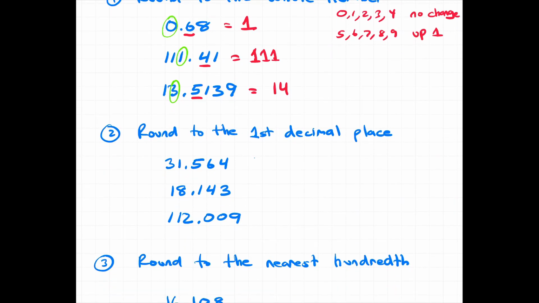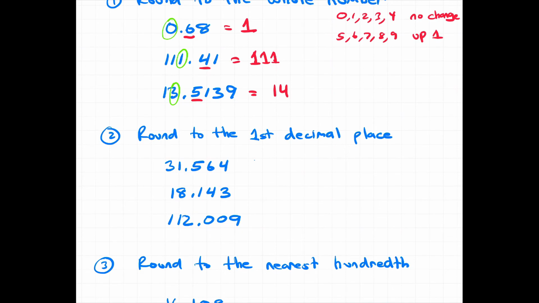Now, sometimes it might say, well, round it to the first decimal place. So the first decimal place means there. That's going to be the last number that we're going to want to see in our answer. And so remember, we want to look to the right of that. So the first decimal place is called the tenths.